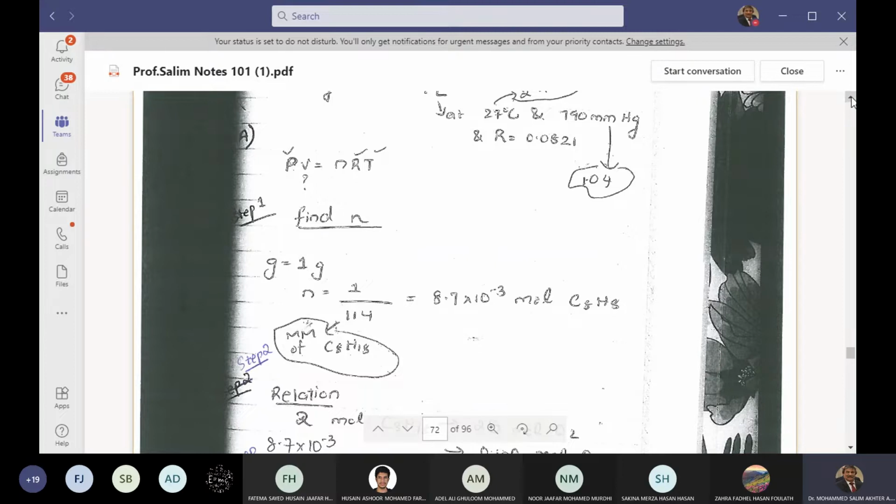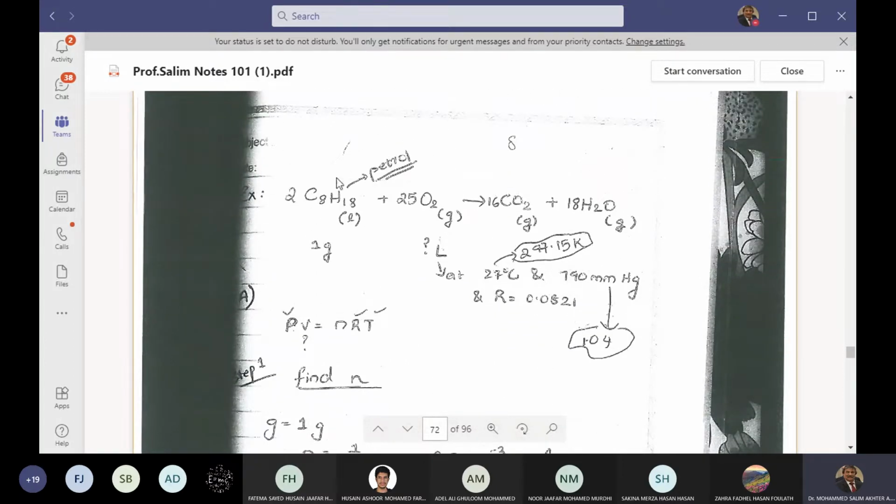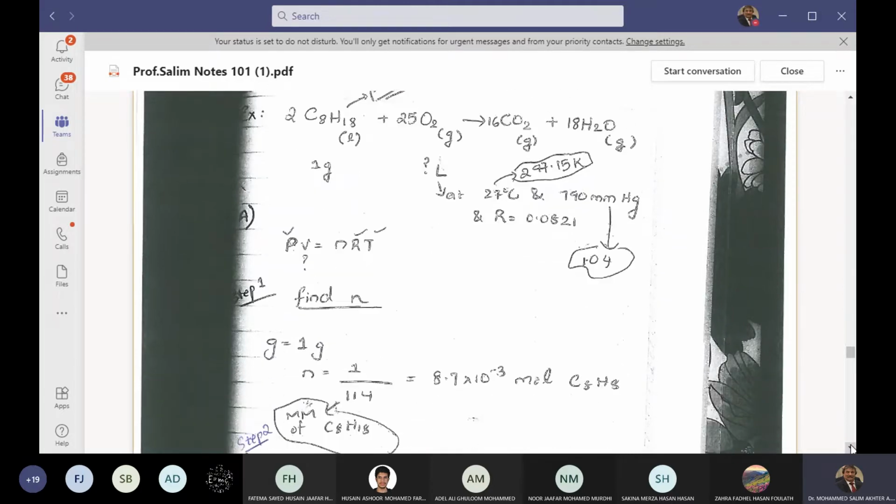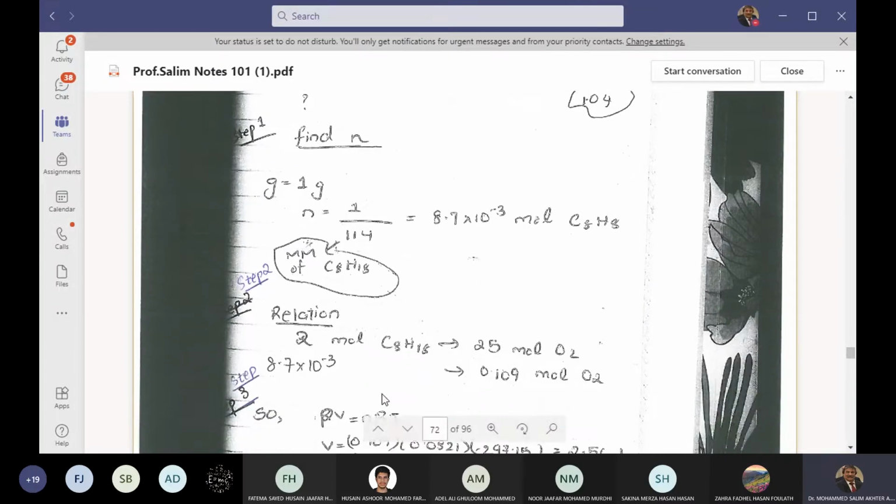Now, from the relationship, 2 moles to 25 moles, and if I have 8.7 times 10 to the power minus 3 mole of petrol, the moles of oxygen are 0.109.